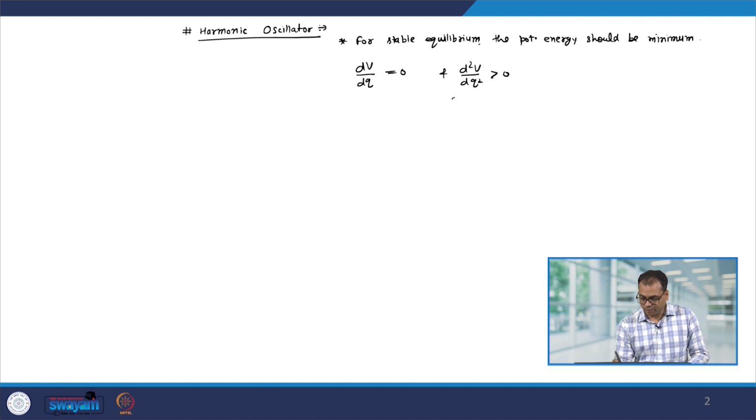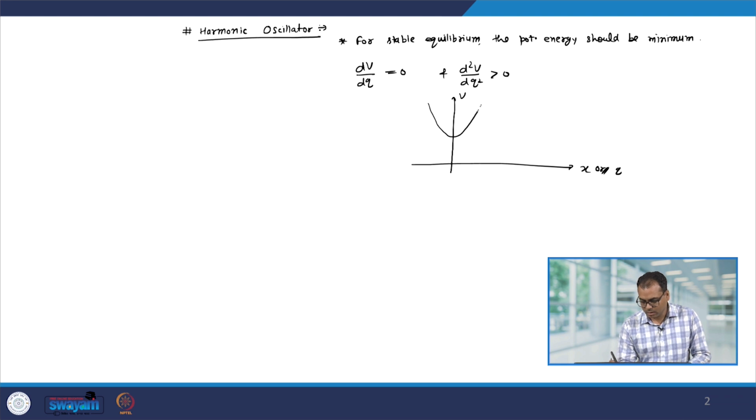So, if let us say this is the x axis or this is q and we have V, then the particle remains at minimum potential energy. So, let us say the particle is here and we have taken this as V naught.